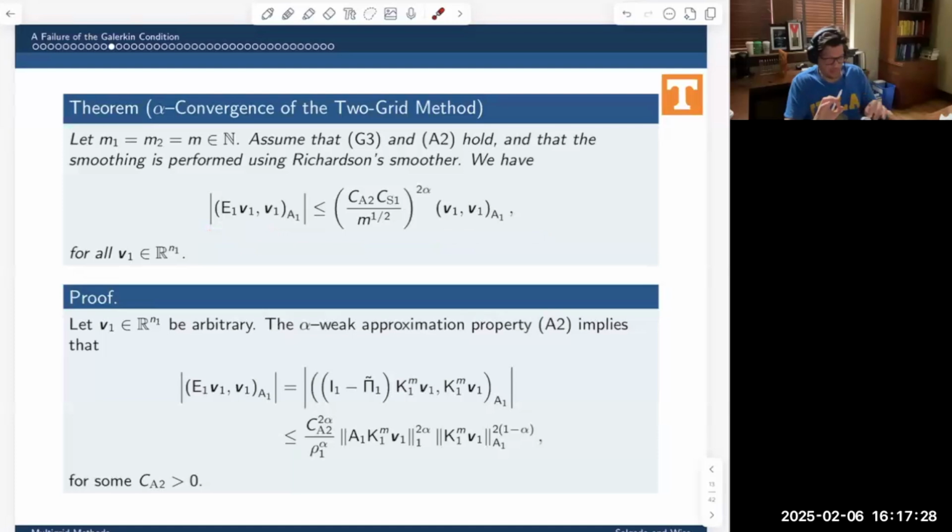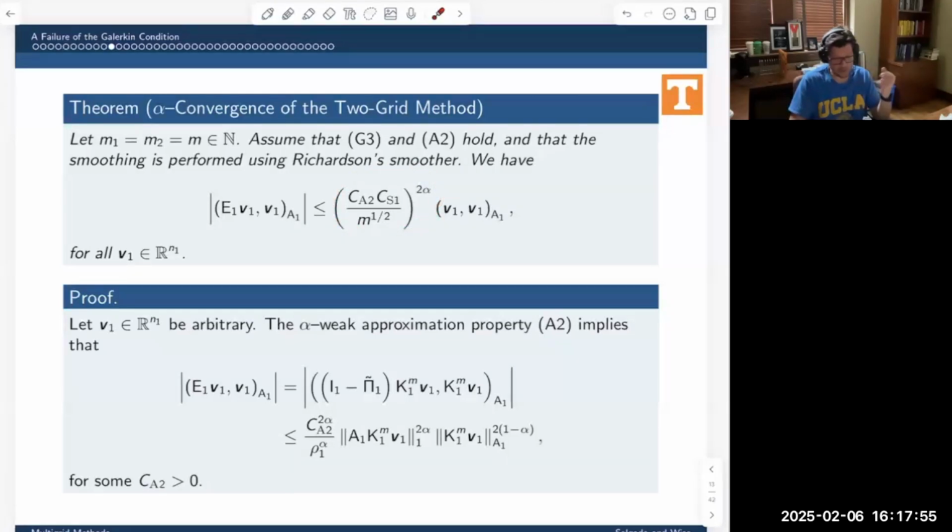This is a weaker convergence than we can get for the two-grid method in the standard setting whenever we're able to assume that the strong Galerkin condition G0 holds and that the strong approximation property A0 holds. This is weaker because whenever we have alpha being less than 1, then this convergence constant is not as strong as it was before.